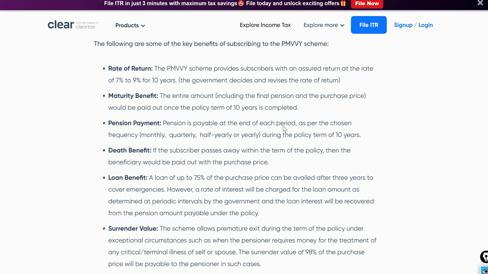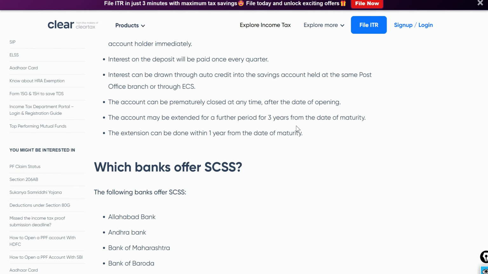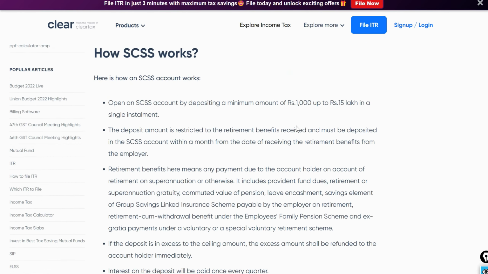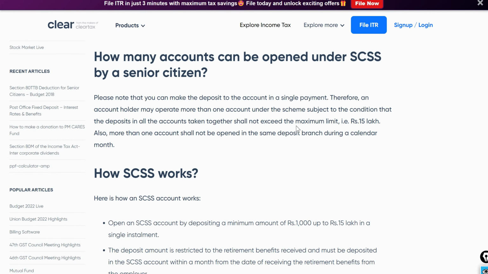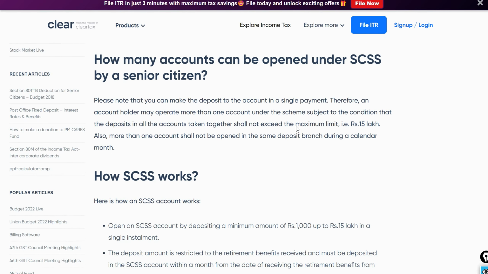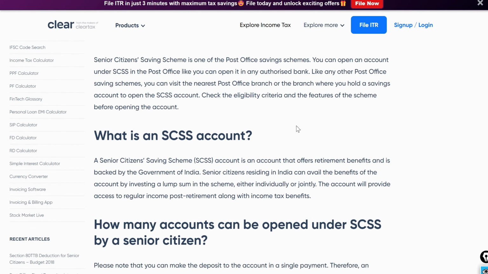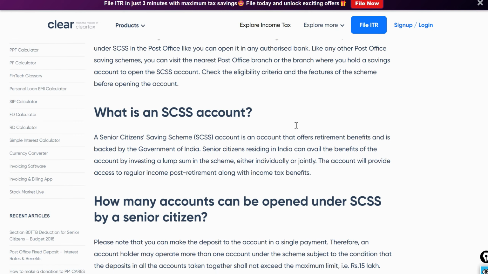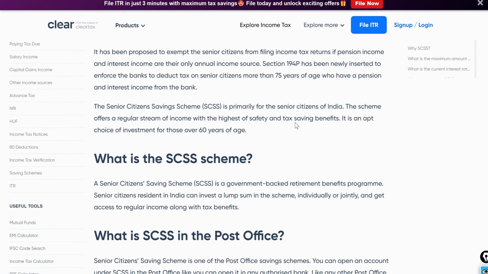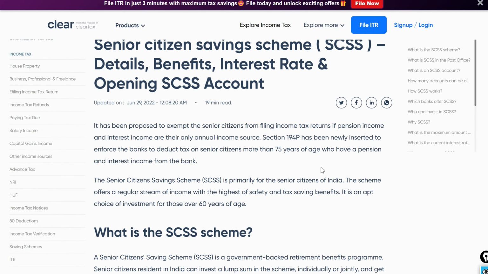And there is another scheme also for senior citizens. If you go with the Senior Citizens Savings Scheme, in this scheme also we can deposit a maximum of up to 15 lakh, and it will continue for 5 years. But for this there are some criteria.